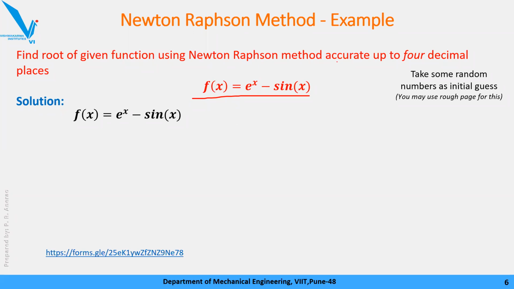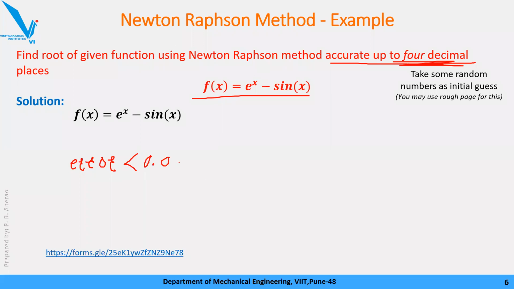You have to do the iteration until we reach accuracy up to 4 decimal places. Up to 4 decimal places means what? The error value you find should satisfy this condition: the calculated error should be less than the allowed error for 4 decimal places.